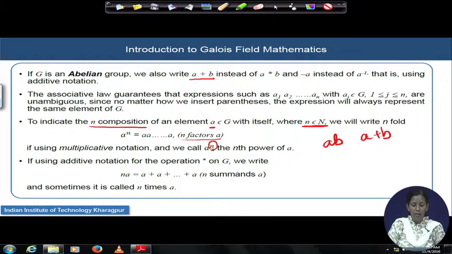And if we use the additive notation, then it will be A plus A added n times. So, we call it n summands of A, and we will end up with n into A, and sometimes we call it n times A also, like the conventional system.